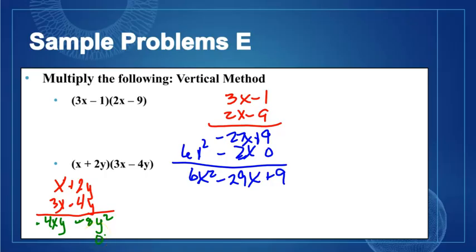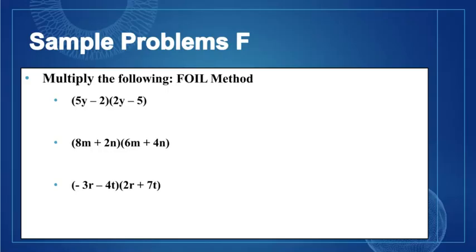Then it'd be 3x times 2y, which is going to give us 6xy. And then 3x times x is positive 3x squared. And combining those, that would give us 3x squared plus 2xy minus 8y squared. And our last method is the FOIL method.